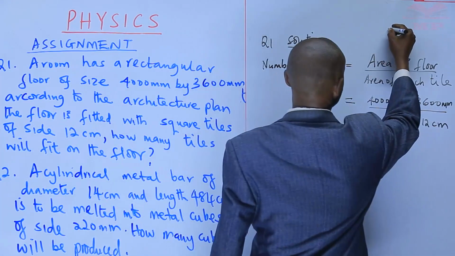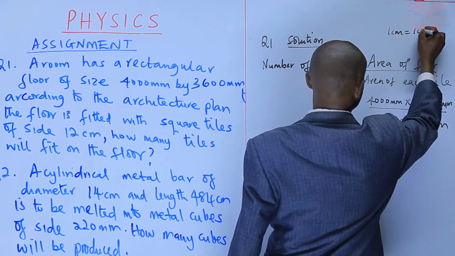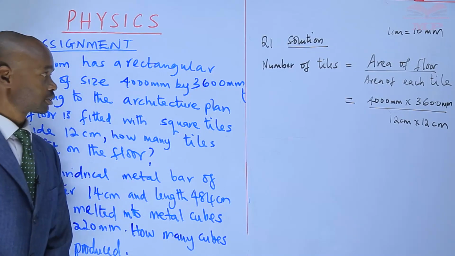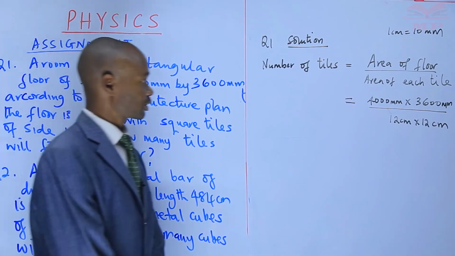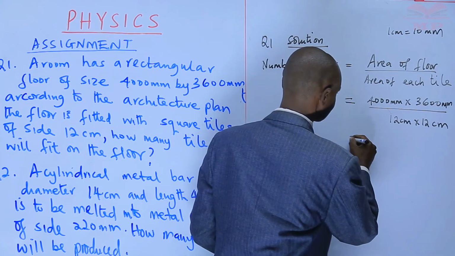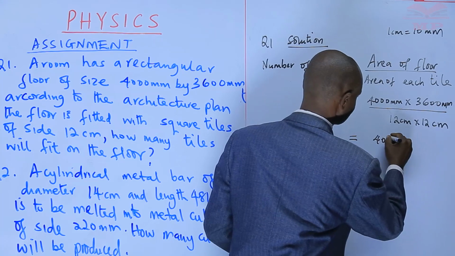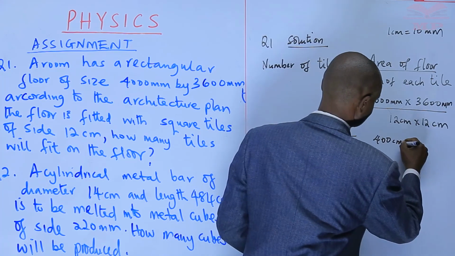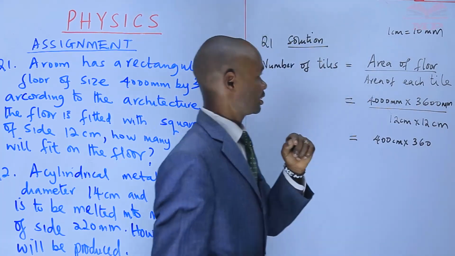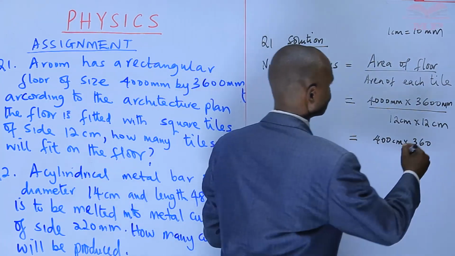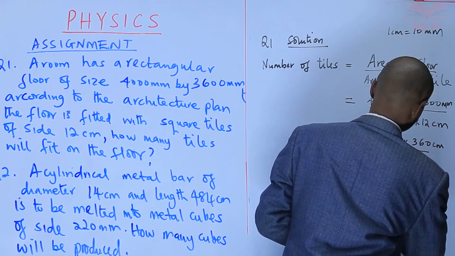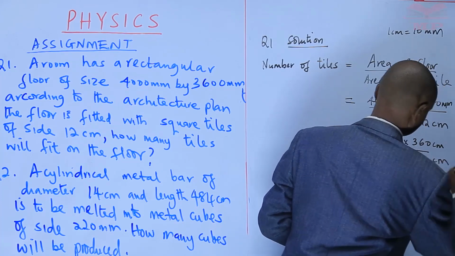We know 1 centimeter is equal to 10 millimeters. So this 4,000 millimeters will become 400 centimeters times 360 centimeters, you divide by 10. 360 centimeters divided by 12 centimeters times 12 centimeters.